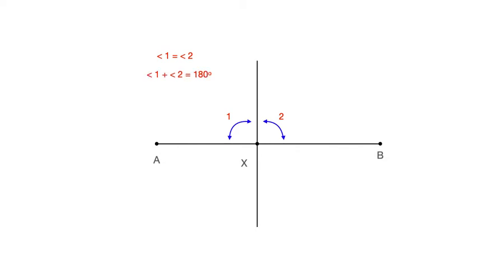Now, of course, Euclid often has to use addition, and he takes it as obvious that angle 1 plus angle 2 equals our straight angle, angle AXB, which is 180 degrees. This leads to another definition, that is, a right angle equals 90 degrees, or 1/2 of a straight angle.